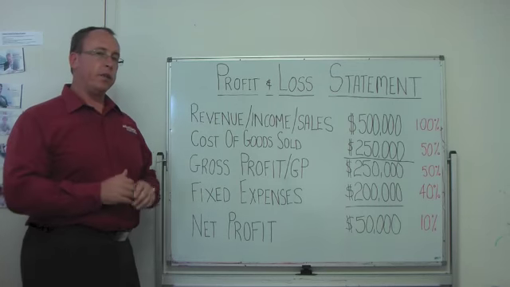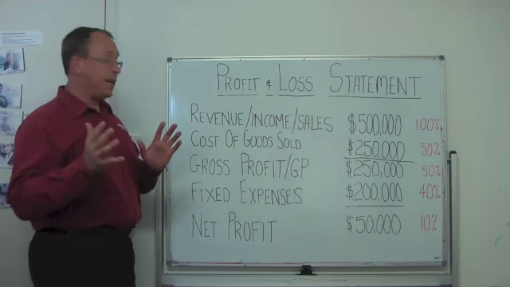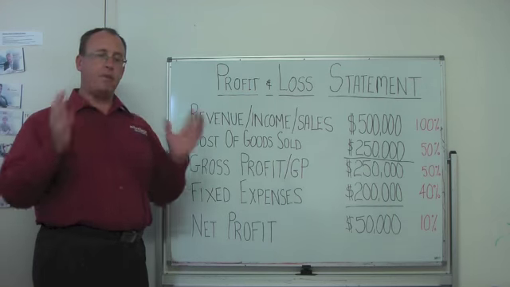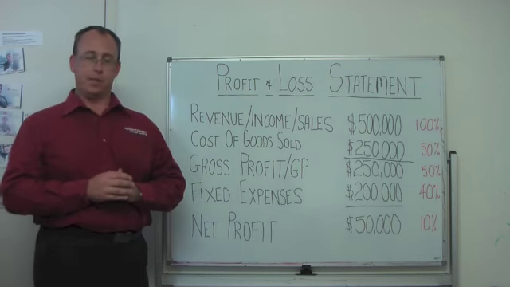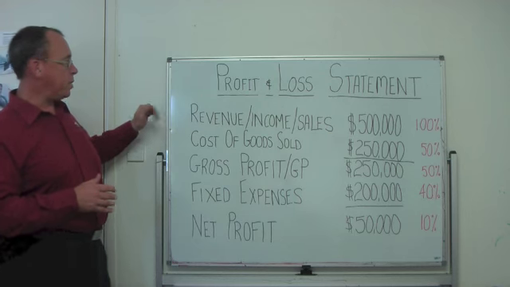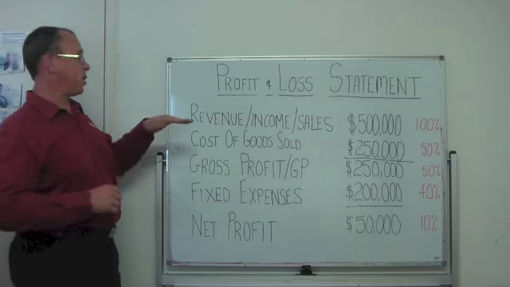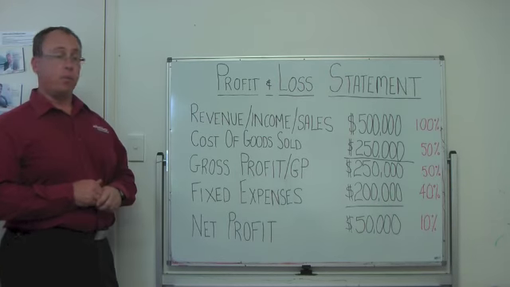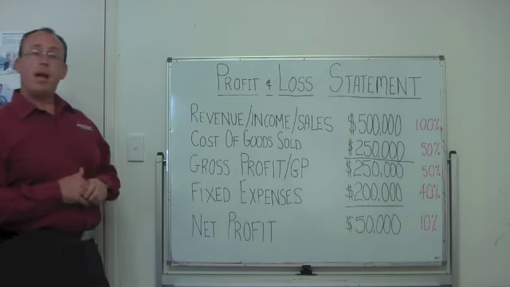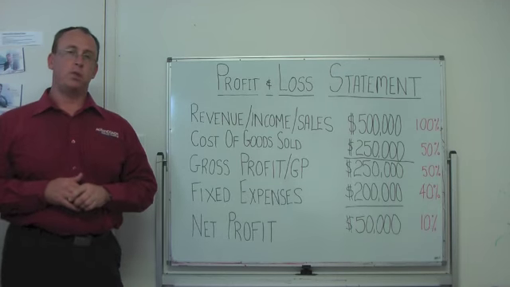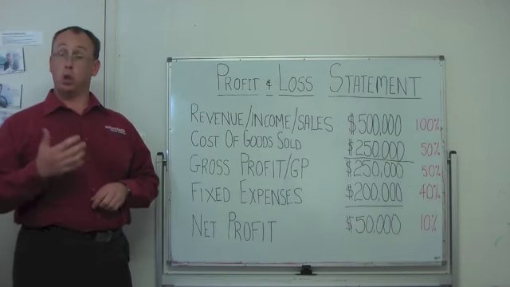Alright, so let's delve into your profit and loss statement. Now as I said, all profit and loss statements have these 5 broad categories. First of all, we have the revenue, which is also known as the income or the sales of the business, that is always at the top of your profit and loss statement. Secondly, we have something called your cost of goods sold, sometimes called your COGS.